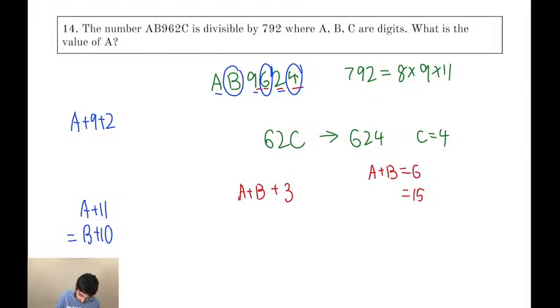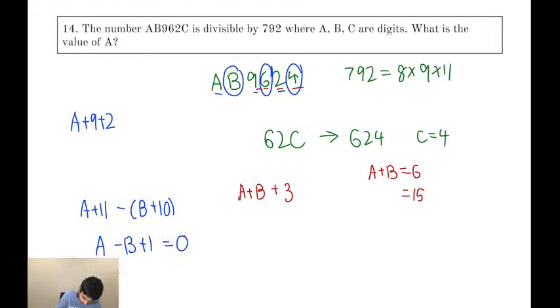Well, they're not necessarily equal. A plus 11 minus B plus 10 has to be a multiple of 11. And we can simplify this to get A minus B plus 1. And it can either equal 0, 11, etc. And we see that it cannot equal 11, because if it's equal to 11, then that means that A minus B has to be equal to 10.